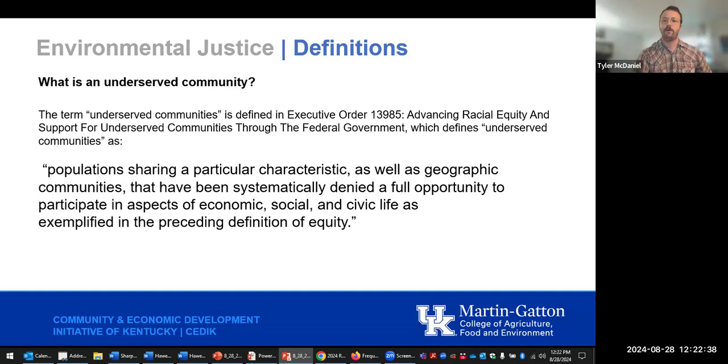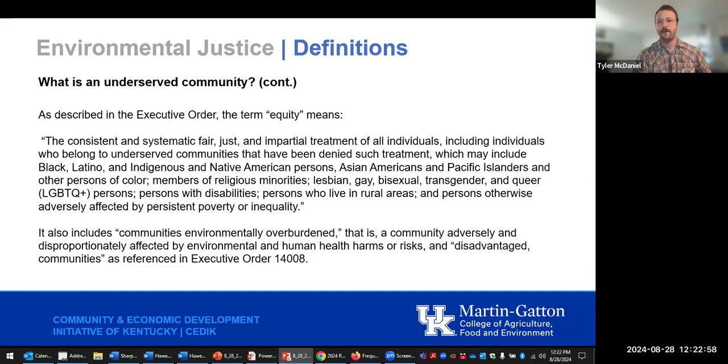This executive order here, Executive Order 13985, defines underserved communities as populations sharing a particular characteristic, as well as geographic communities systematically denied a full opportunity to participate in aspects of economic, social, and civic life, as exemplified in the preceding definition of equity. And then once again, within that, trying to define what equity means, right? Even within that order and that definition.